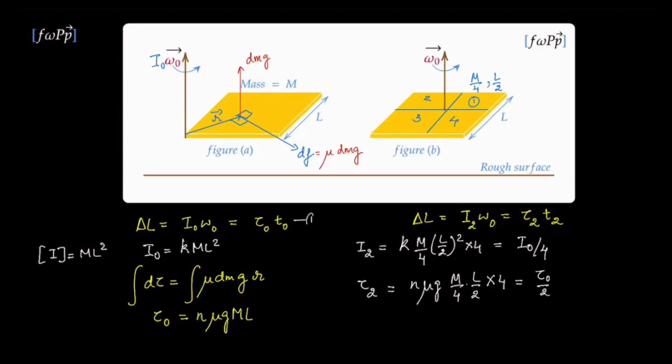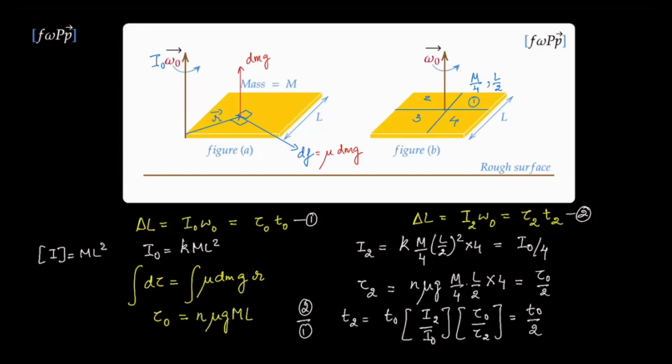Let's take a ratio of equations 1 and 2 to figure out T2. So from 2 by 1, we would have T2 is equal to T0 into I2 by I0 into tau naught by tau 2. And as you can see, this looks like T0 divided by 2. So there we have it. That's the solution.